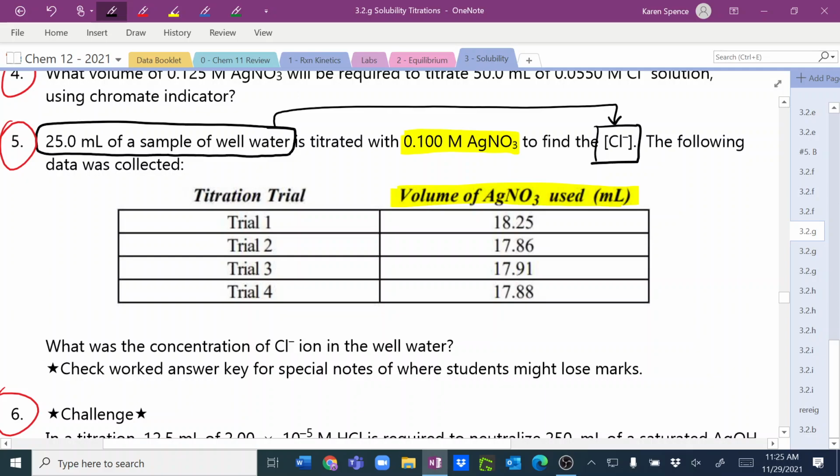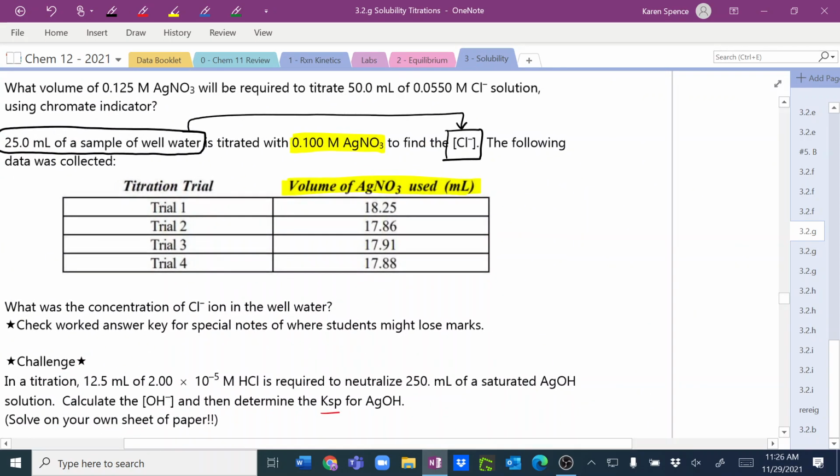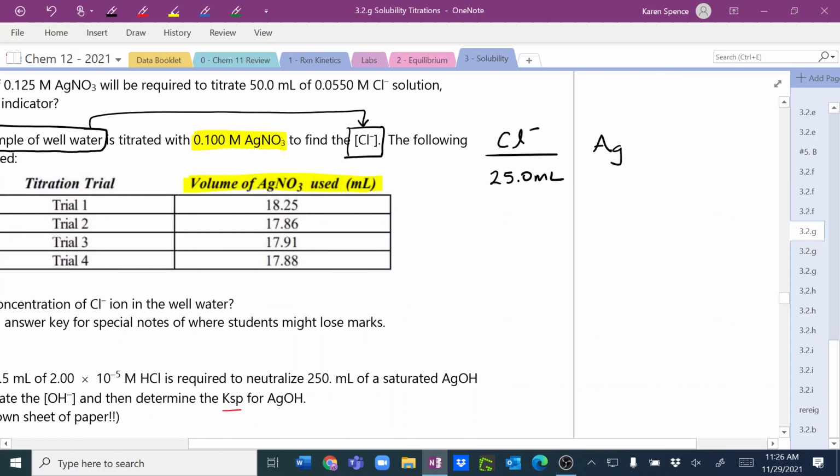So we know the volume of the chloride: 25.0 milliliters. For the silver, and you can either call this silver or silver nitrate, either way is fine, we know we have 0.100 molar.